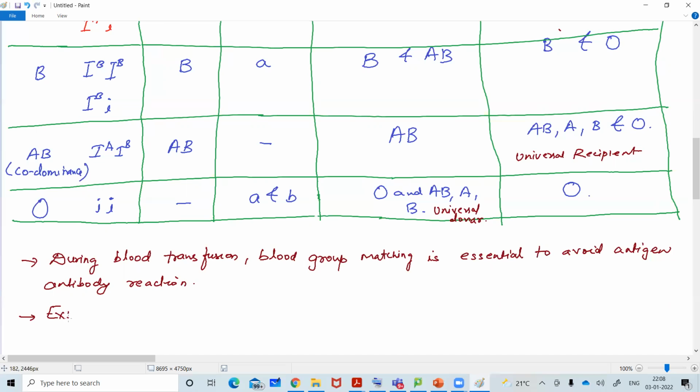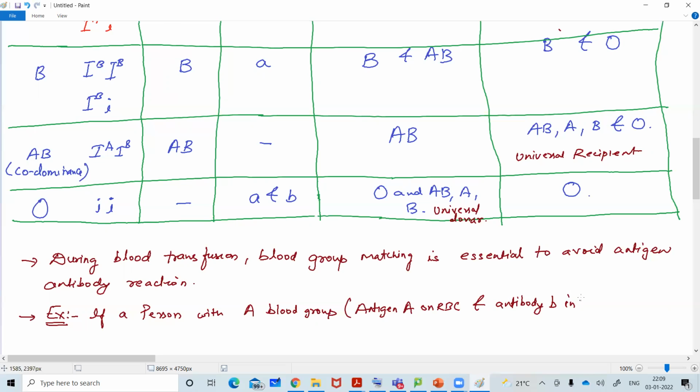So let's talk about one example. Example one: if a person with A blood group, A blood group means there is antigen A on RBC and antibody B in plasma, right?